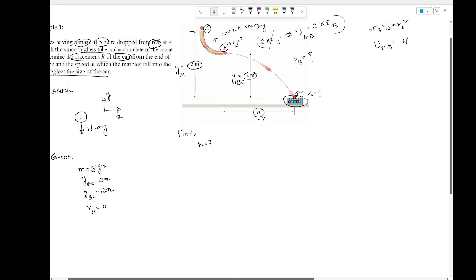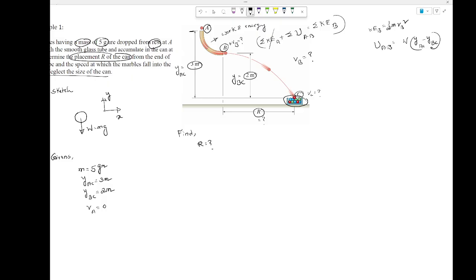Now the distance that it can travel, you can find it this way. So the distance you can find from YAC minus YBC.